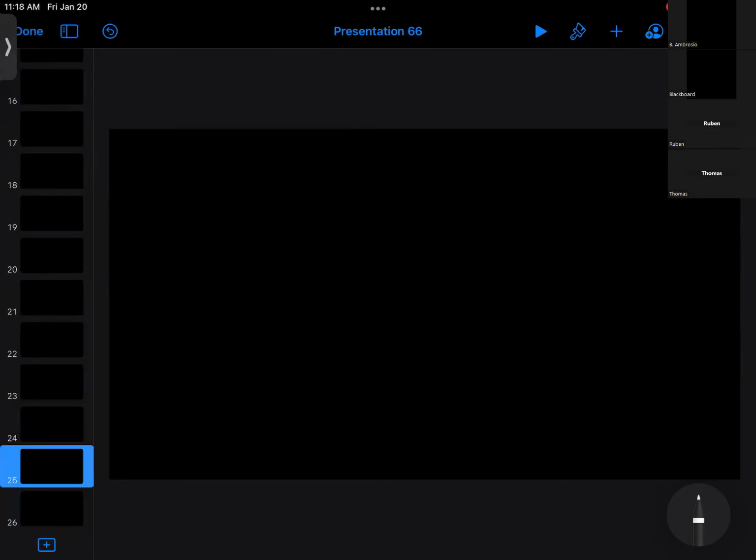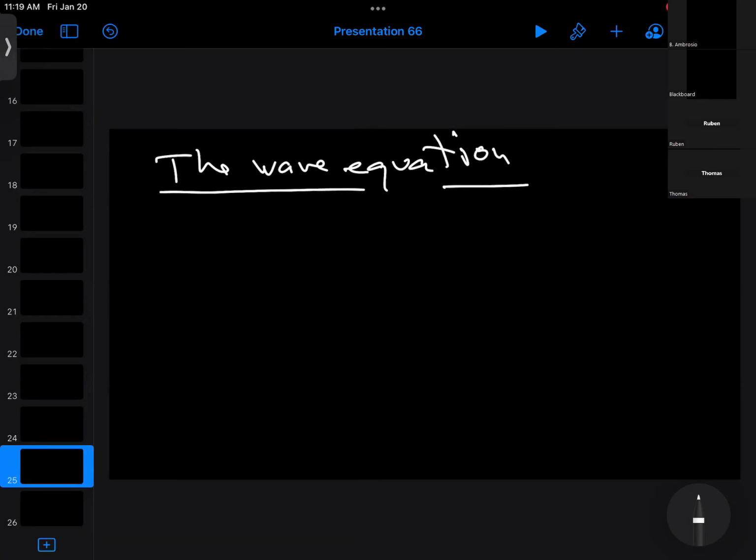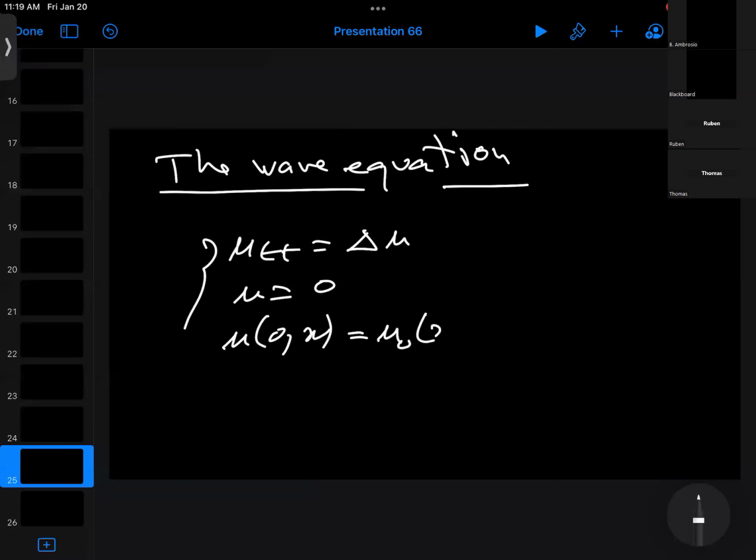We already did it in 1D. All right. So now it's u_tt equals Laplacian u, equals 0, u(0,x) equals u0(x), and u_t(0,x) equals some other function, let's say v0 of x.